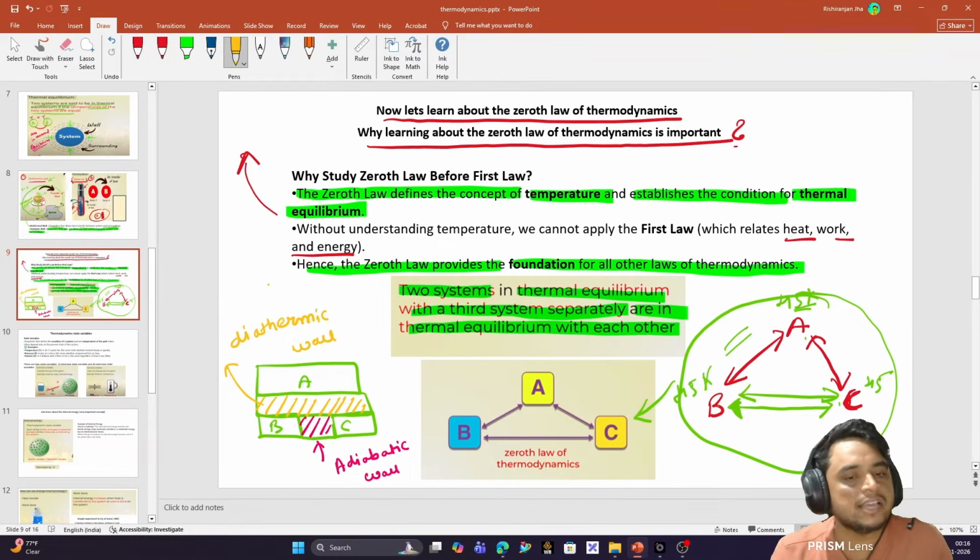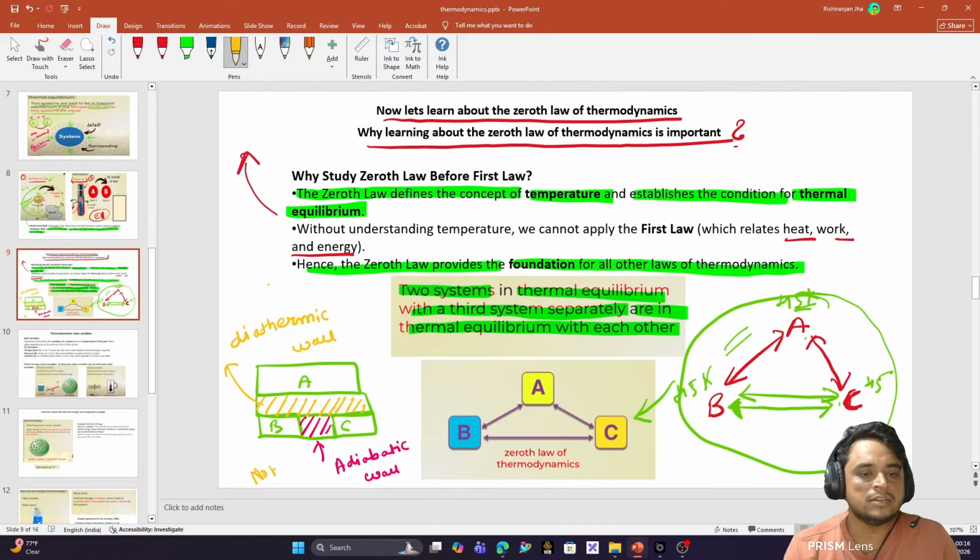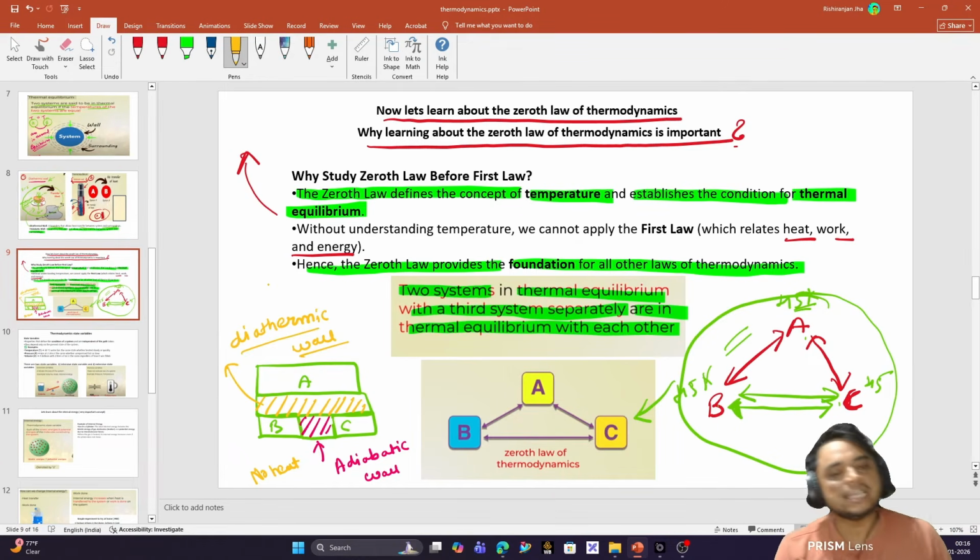Now just listen carefully. What is happening? As we know, if there is an adiabatic wall between two systems, there can be no heat exchange, right? No heat exchange. But since A and B, and A and C have a diathermic wall between them, there can be a heat exchange between AB and AC.